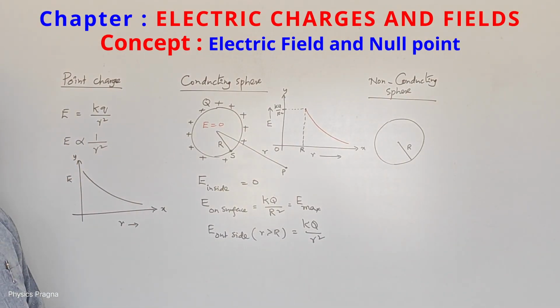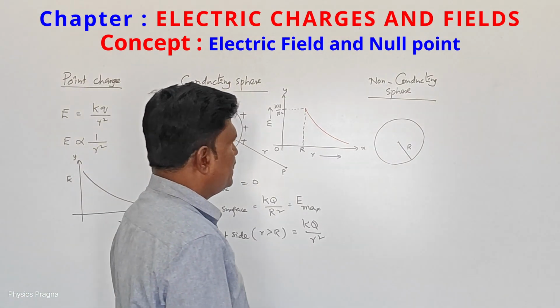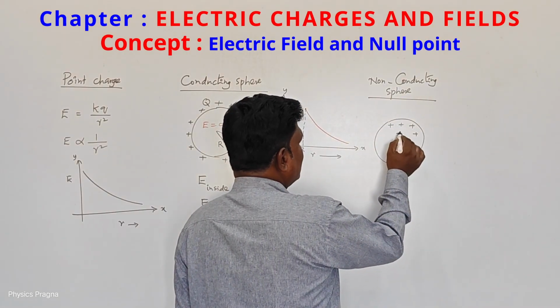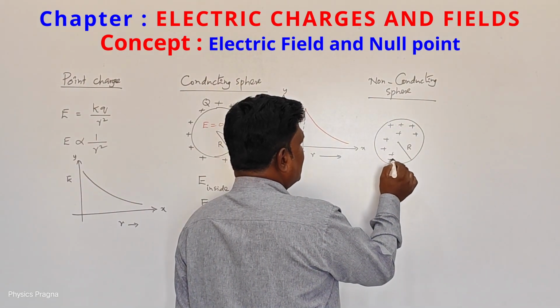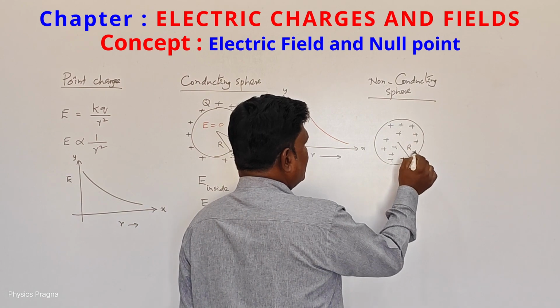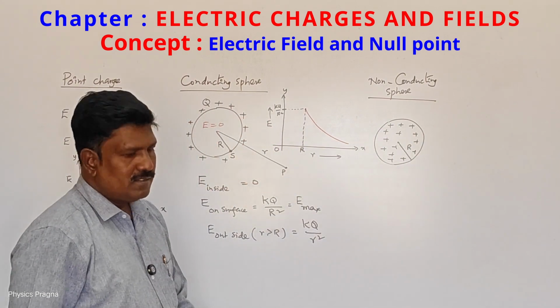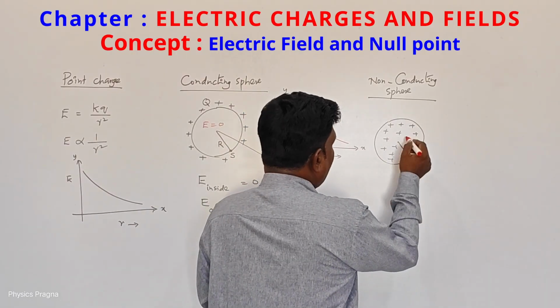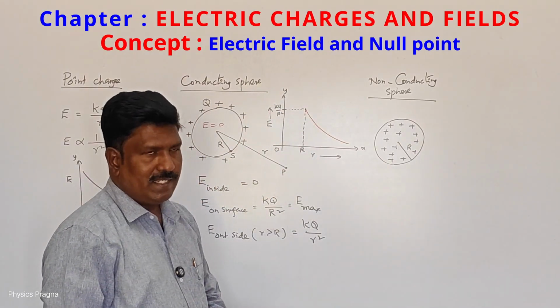So there is a restriction on electrons to move. The electrons won't move here and there, so charges won't be flowing from place to place. Whatever charge I have given to it, they stay there only. No change. So inside also the electric field is not zero, and outside also the electric field is not zero.